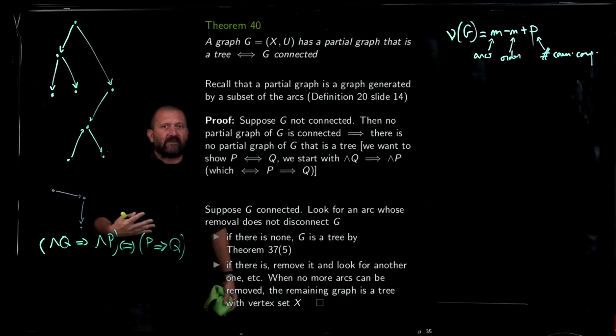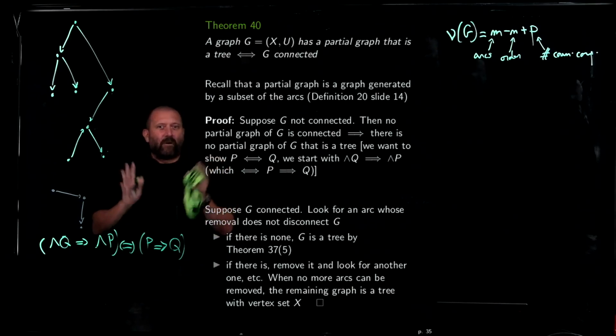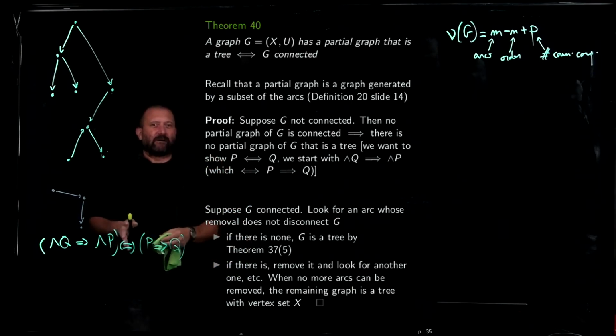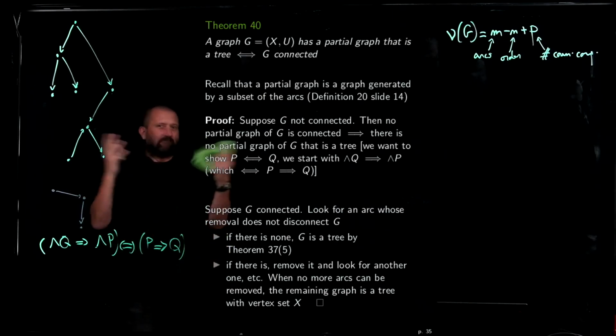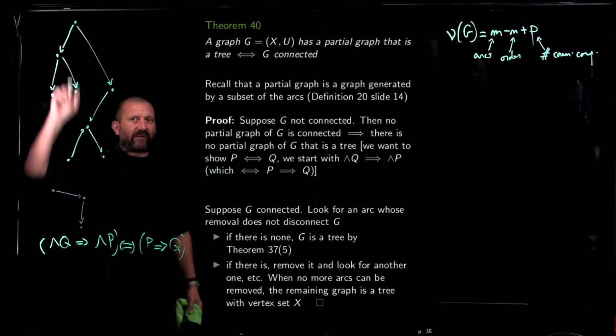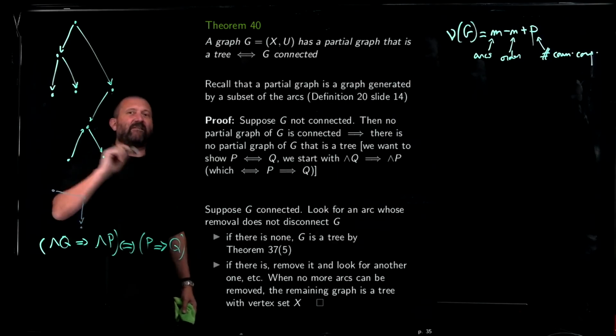While I can do that, that's good. When I cannot find another thing to remove without disconnecting the graph, without making it into two connected components, then what I have is a tree, and the vertex set of that tree is my original graph's vertex set.